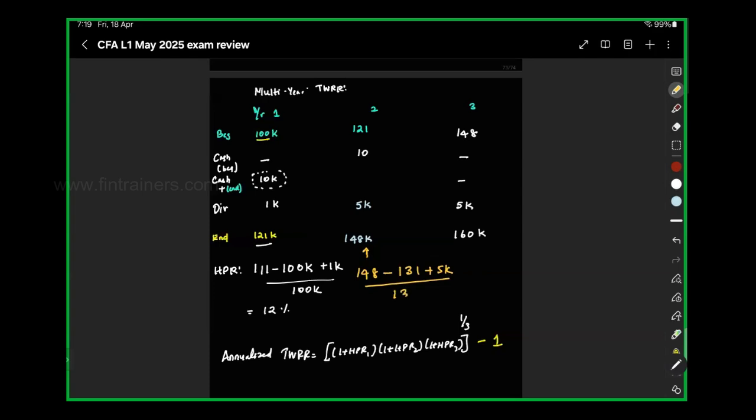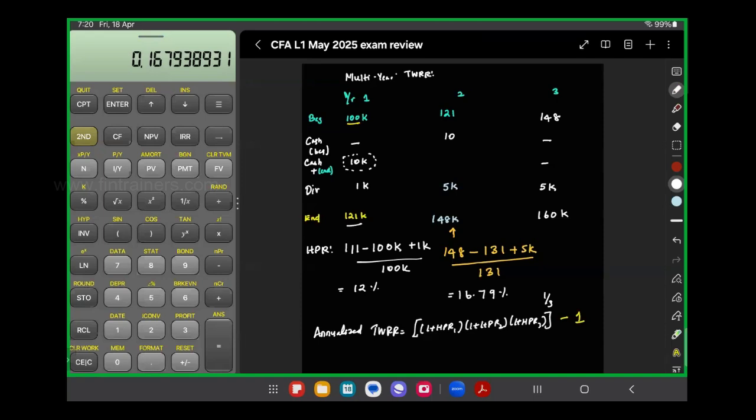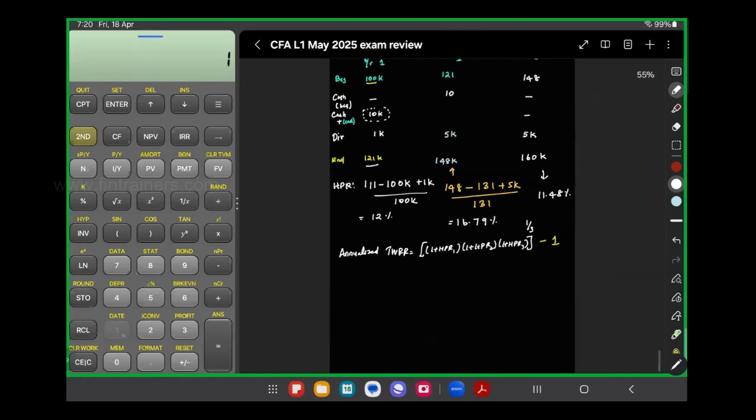Starting value is 131. What is your holding period return here? And that is 16.79. The last one is a simple computation. So you have 12,000 in capital gains plus 5,000 in dividends divided by your initial starting point of 148,000. So this is 11.48.